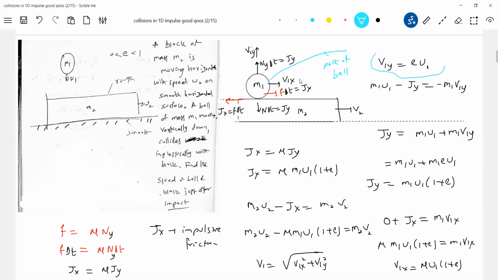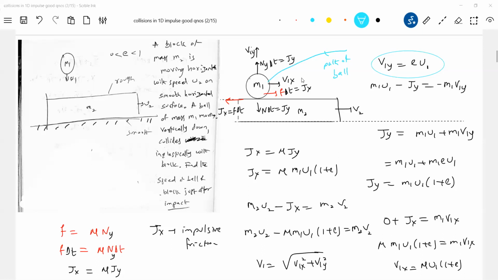There's a formula: v1y equals e u1. Nothing to do along the y-axis: the block m2 will not move.